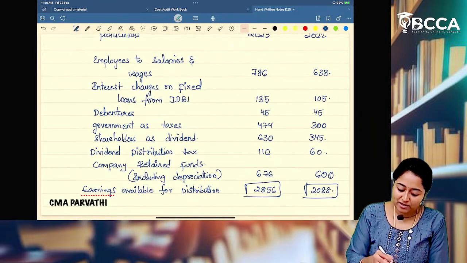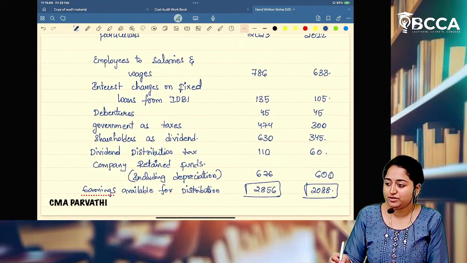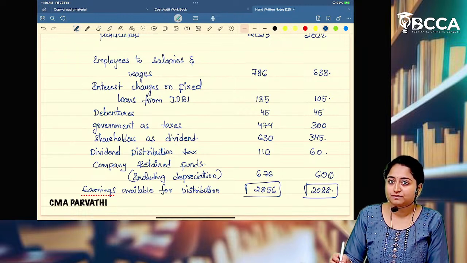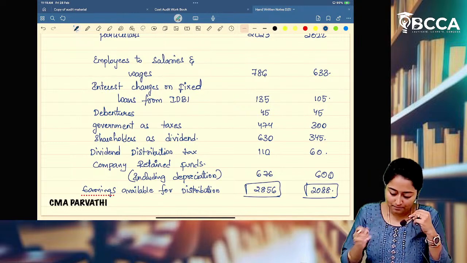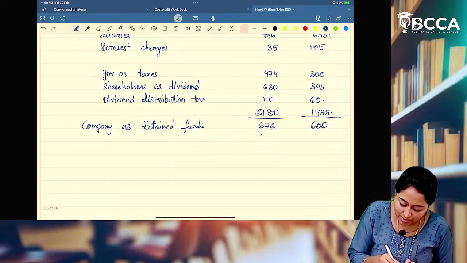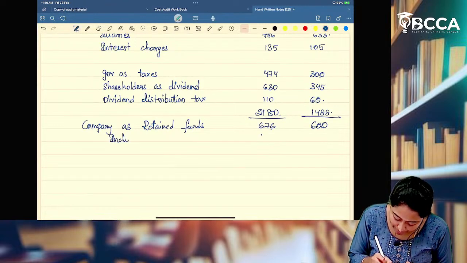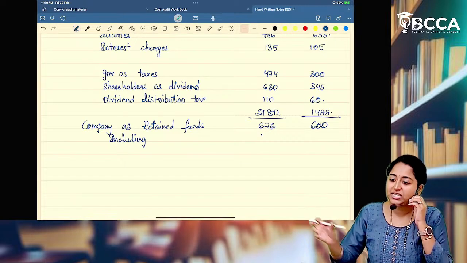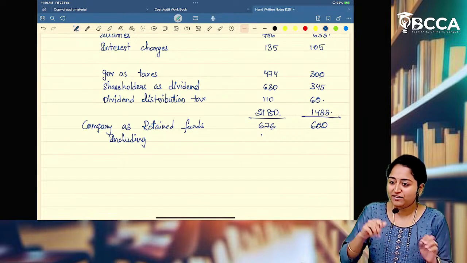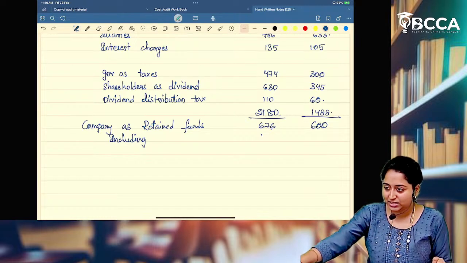So this is how you will do the value addition. Clear with value addition? Any doubts? Here, company has retained funds including depreciation. Depreciation will not be distributed to anyone. Depreciation will be taken in the records, we will not give the depreciation amount to someone, isn't it?